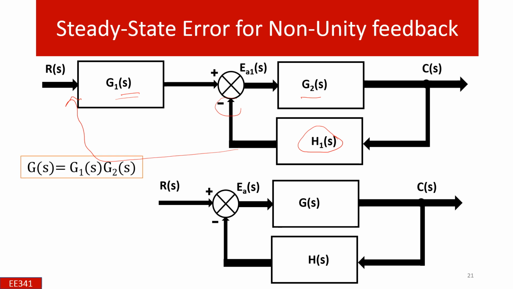So next, this G(s) is representing the product of the transfer functions of the transducer.